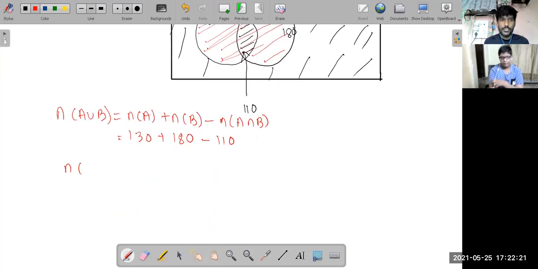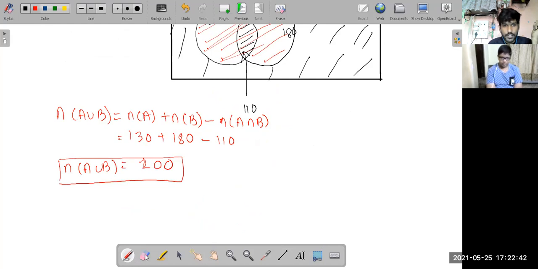Can you tell me this calculation? 130 plus 180 would give you 300, then 200. 200, correct. So N of A union B is 200.